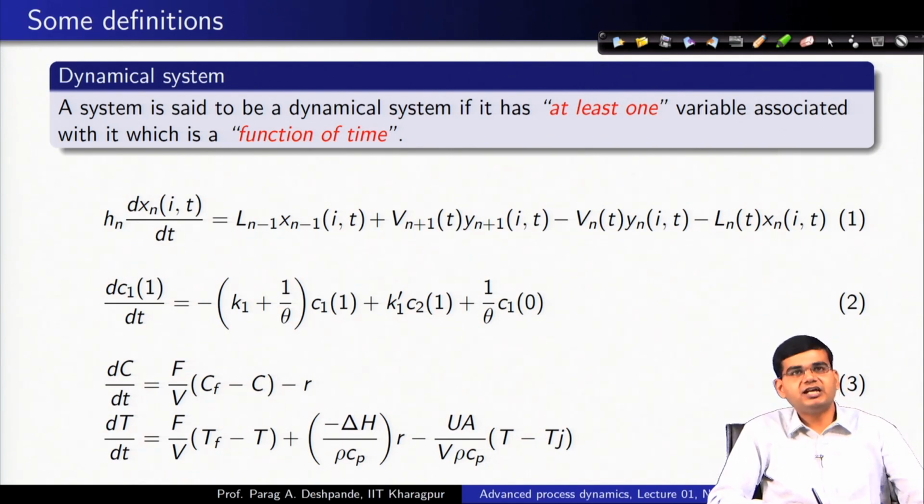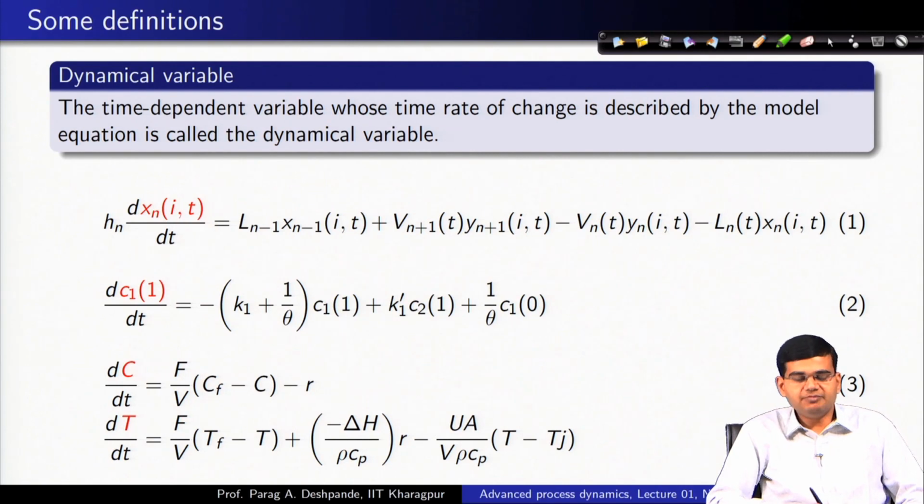Now, what is the meaning of a dynamical variable? The dynamical variable is a variable which changes with time, and for such variables the time rate of change is described by the model equation. So, in these 4 equations you see that there are quantities which are highlighted in red. You have x of n, which is the molar composition over any tray of any component.